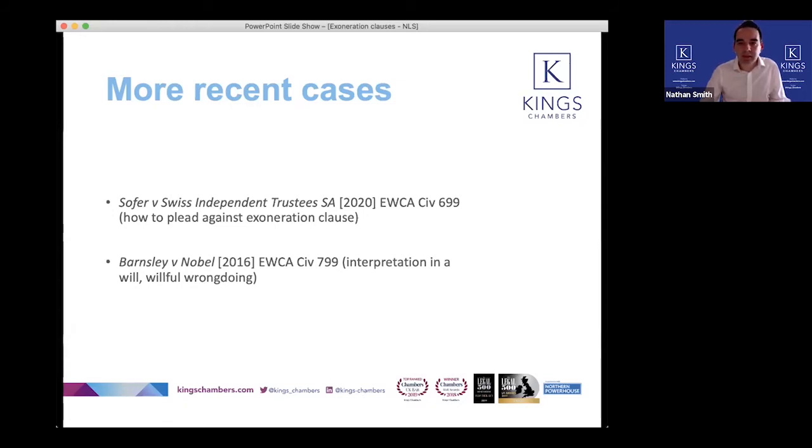And the second case I'll just mention is Barnsley and Noble. This is again a Court of Appeal decision, but it's from 2016. But in it, the Court of Appeal had to consider the proper interpretation of a standard form exoneration clause that was contained in a will.